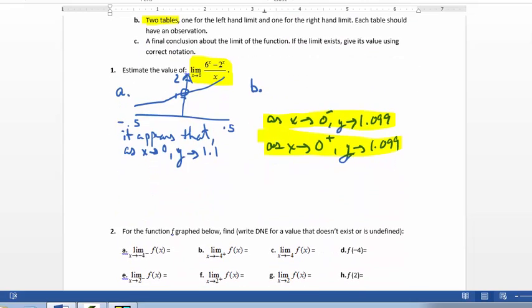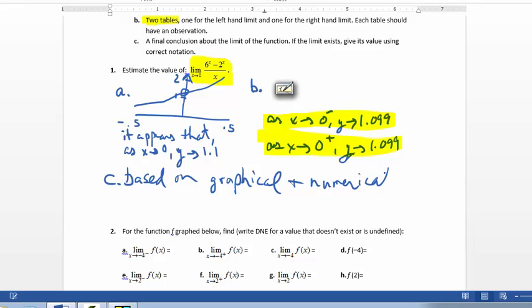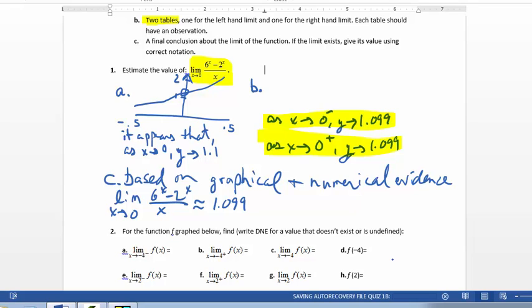And then the final conclusion basically is just saying, all right, well, based on my graphical and numerical evidence, I would say the limit as x approaches 0 of this function, (6^x - 2^x)/x, is approximately 1.099. So that would be my final conclusion there.